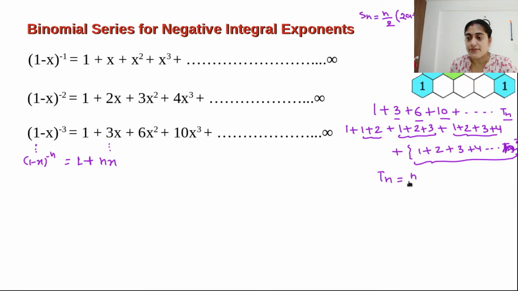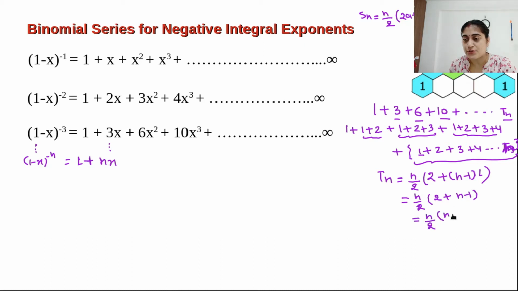Here a is 1 and d is 1, so it is n by 2 into (2 plus n minus 1), which we can write as n by 2 into (n plus 1). So what will be the term of this? This is n into (n plus 1) by 2 into x square.